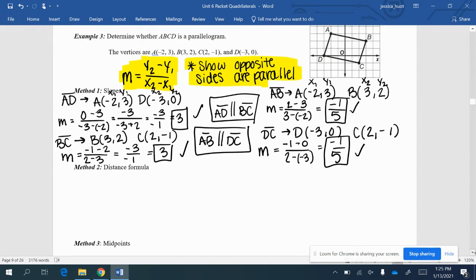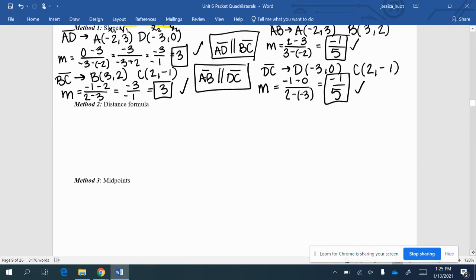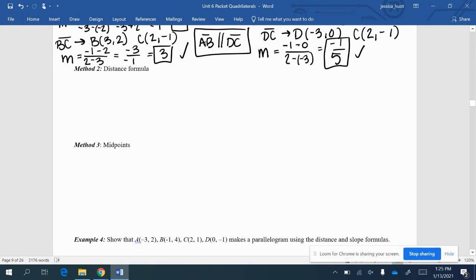Method 2, the distance formula. The distance formula, d is equal to the square root of (x2 minus x1) squared plus (y2 minus y1) squared. And here, we are showing that opposite sides are congruent.